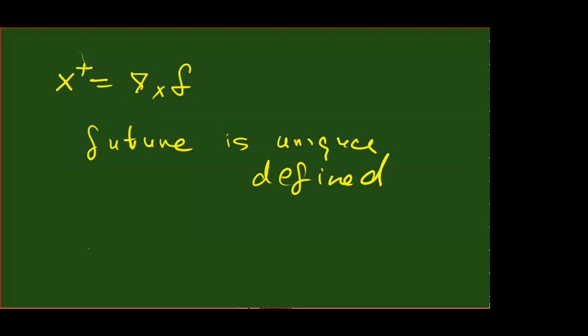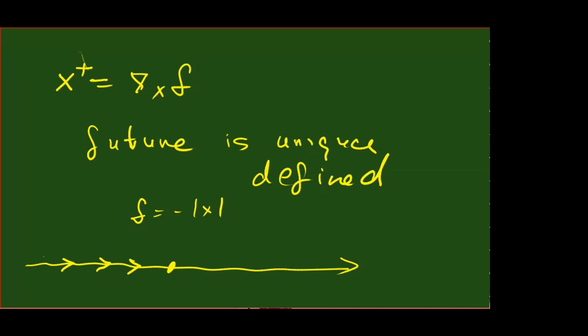For example, you consider a real line, and my function f is equal to minus the absolute value of x. That's a perfect concave function. How does the gradient flow look? If you start with a negative point, it moves with unit speed to the right. If you start with a positive point, it moves with unit speed to the left.